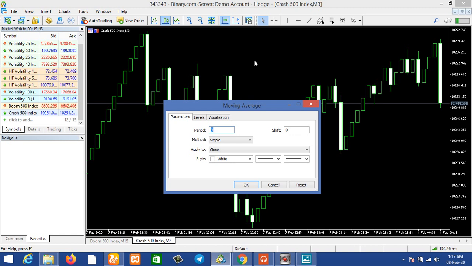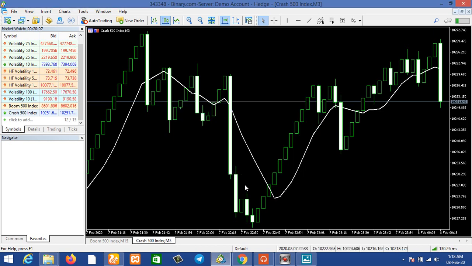Okay, so let's check some parameters that we'll be needing to create this moving average 9. I will leave it as a straight line here. In this other section we just choose a line that is a bit thick. Let's press OK and see what we get.